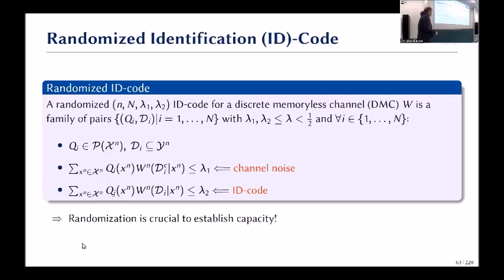And again, we have error of the first kind, it's the channel noise, and of the second kind, it's the ID kind. And you see here, I wrote randomization is crucial to establish capacity.